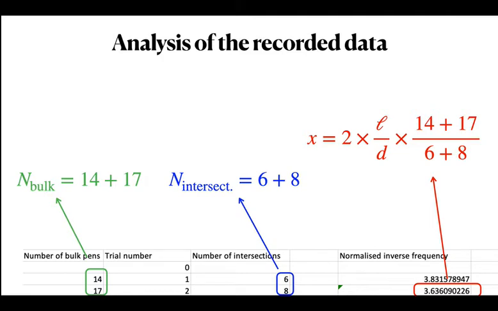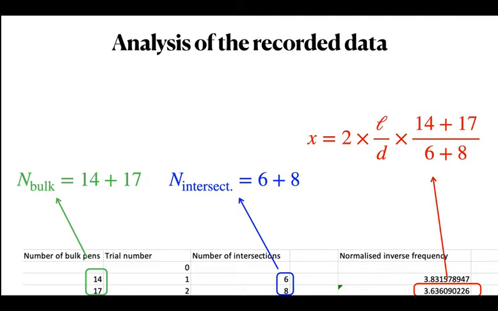So the first one and the second one. So it's 6 plus 8. And in the end, the variable x is going to be 2 times L over D times 14 plus 17 over 6 plus 8. So I hope now that this is relatively clear how this is going to work.